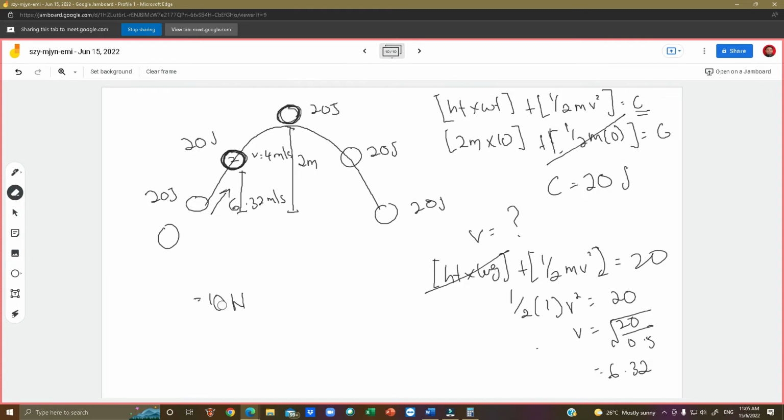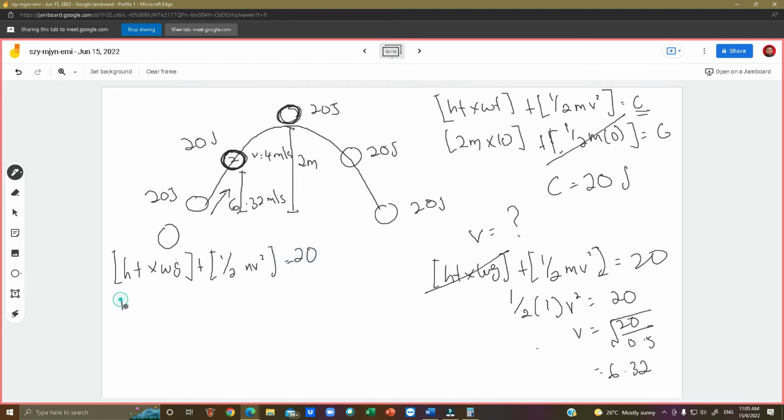Conservation. Okay. Now we try to find out how high the ball is at phase 2 if that ball travels at 4 meter per second. Okay, so we have height times weight plus half mv square equals to 20.